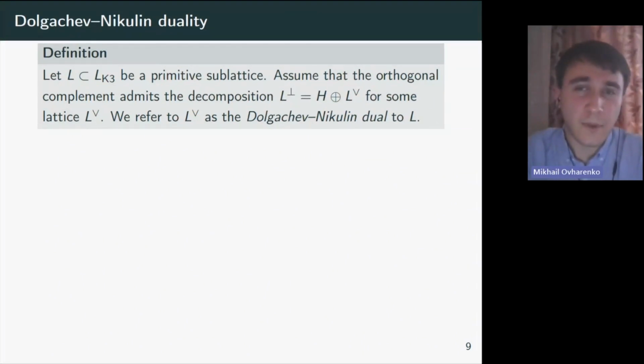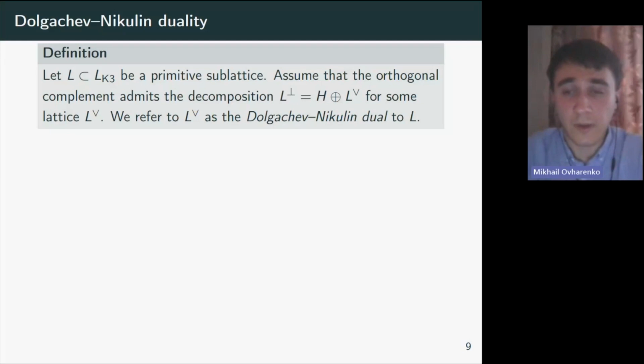Strictly speaking, the definition of a Dolgachev-Nikulin dual lattice implicitly depends on the choice of our H, and it has a certain meaning from the point of view of mirror symmetry.